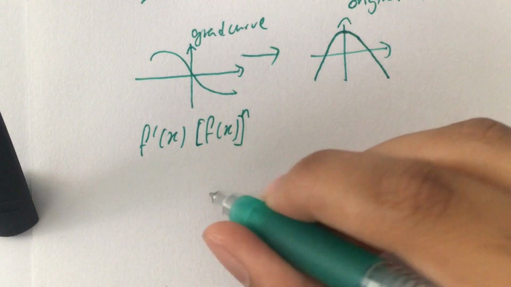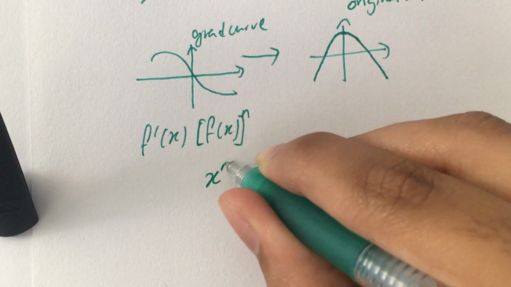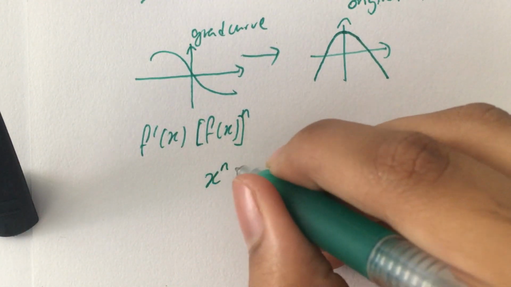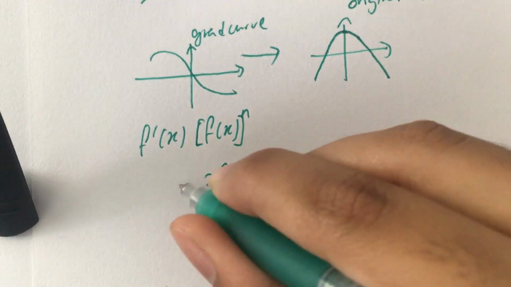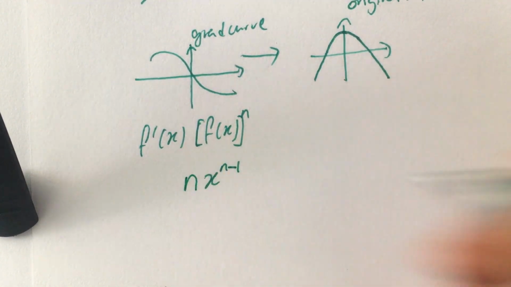Let's start with something simple: n x to the power of n minus 1.